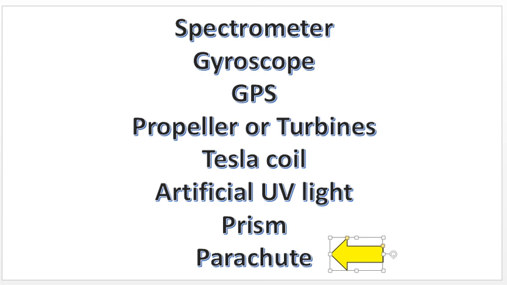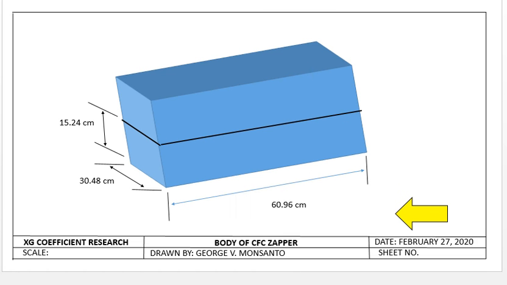Now, note a typical spectrometer will have dimensions such as, let me just show you on slide number 24 and 25. And, well, the body of the drone will accommodate such requirement. And also, just a moment here. This one.